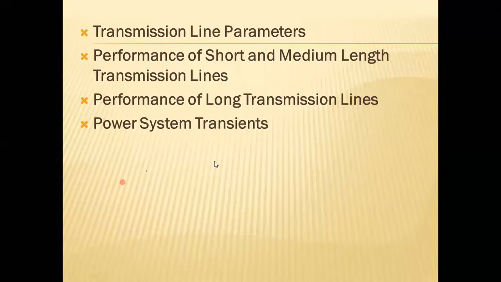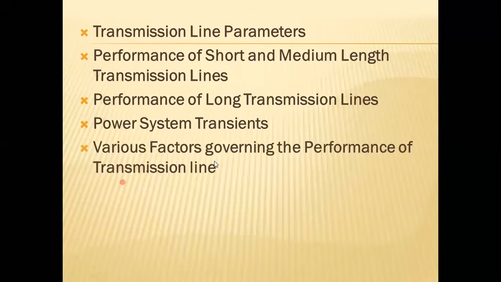Now, the next topic is various factors governing the performance of transmission line. When a transmission line is operating, we'll be coming across various factors: skin effect, proximity effect, effect of resistance, Ferranti effect, charging current, shunt compensation, corona.